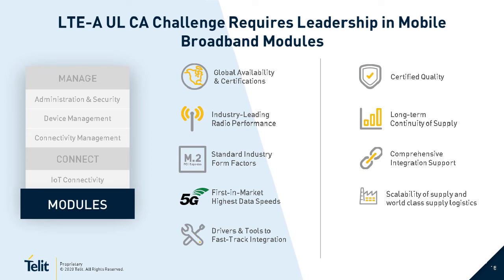So this is very important for customers like Cradlepoint, where you win a big market in North America, which is the leading market, but then you want to expand globally. And because of our module having global certifications and a single SKU, it makes this possible. So you can easily, with relatively less effort, also expand globally.